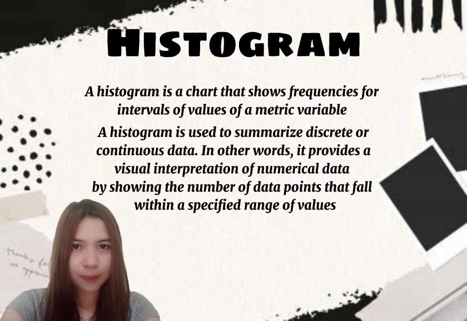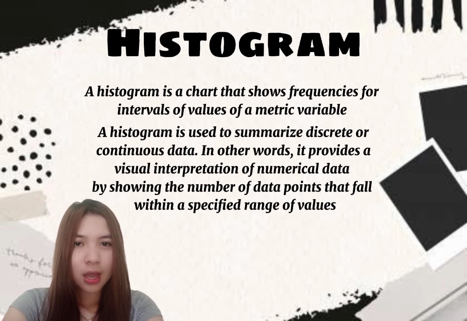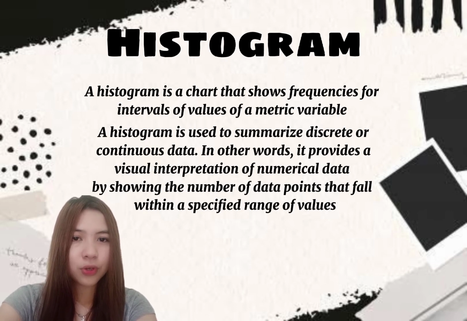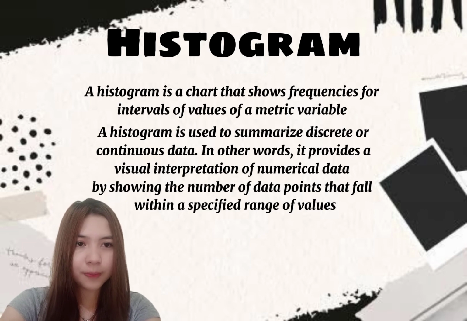Next, a histogram. A histogram is a chart that shows frequencies for intervals of values of a metric variable. A histogram is used to summarize discrete or continuous data. In other words, it provides a visual interpretation of numerical data by showing the number of data points that fall within a specific range of values.